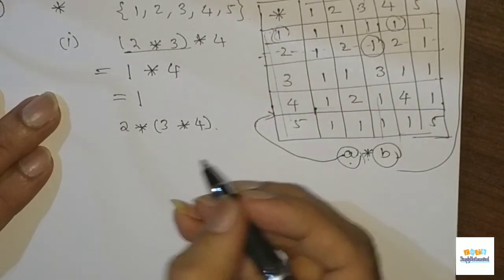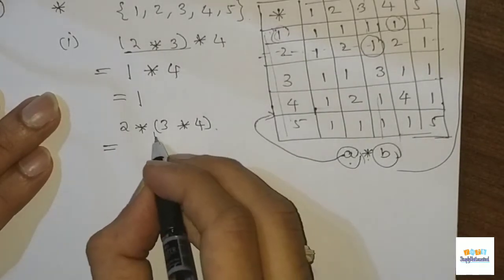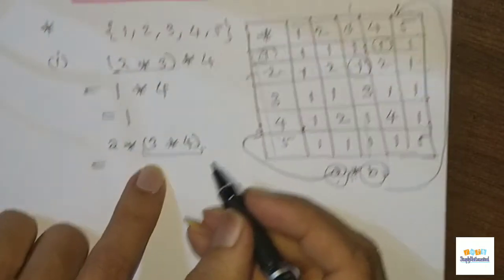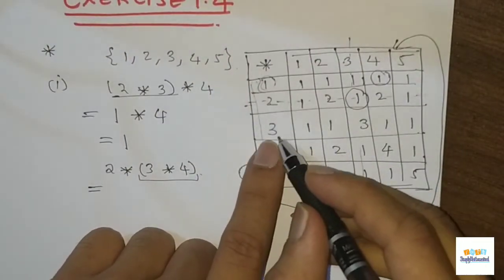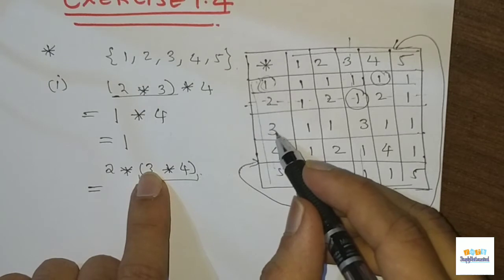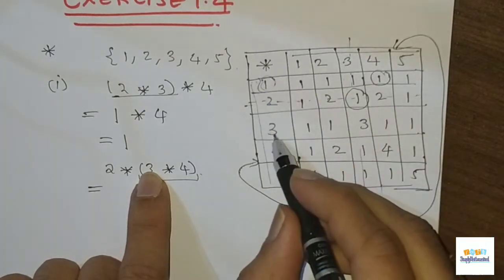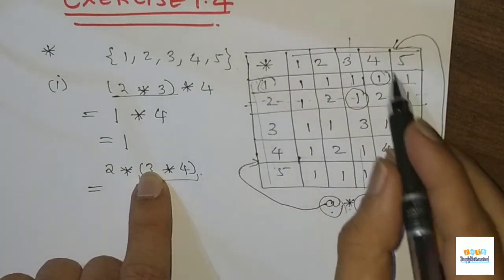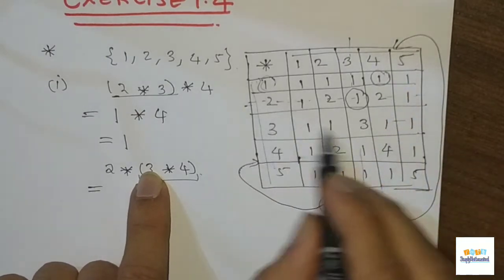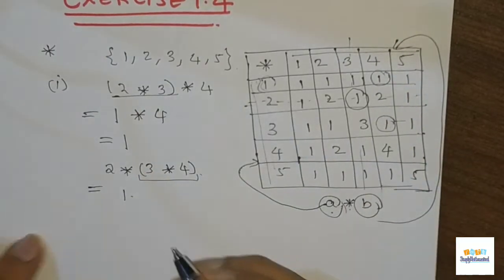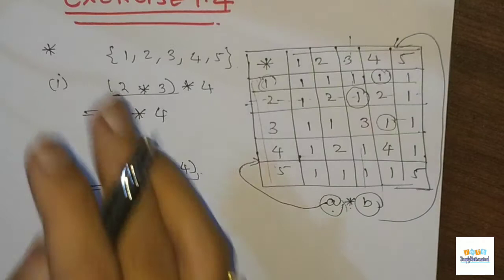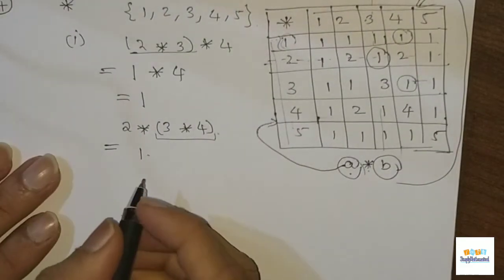Again there is a bracket, so you have to operate this first. 3 star 4: 3 is this row and 4 is this column, so you'll get 1. So these are the answers of the first question of problem 4.